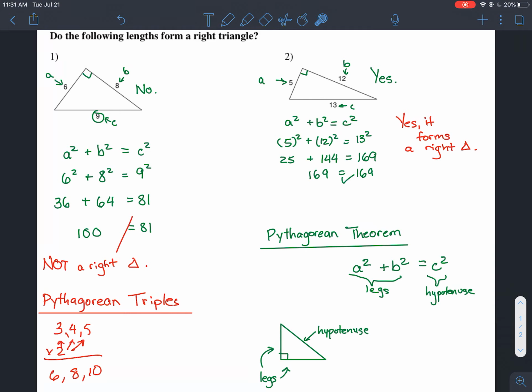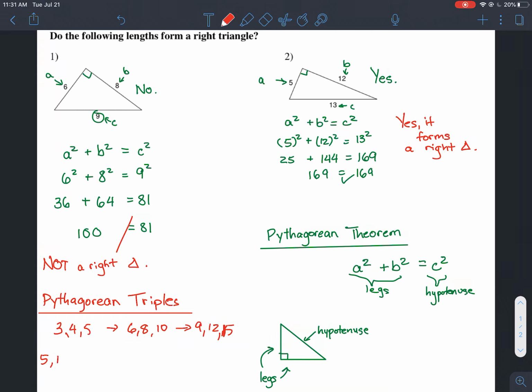There are a bunch of these, but 2 of the most famous are the 3, 4, 5, and of course, whenever you multiply it out, so 3, 4, 5, there's also 6, 8, 10, and 9, 12, 15, so on and so forth.